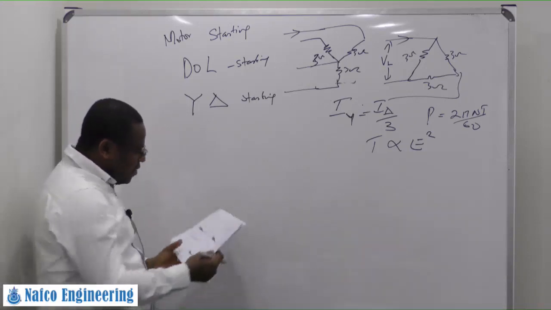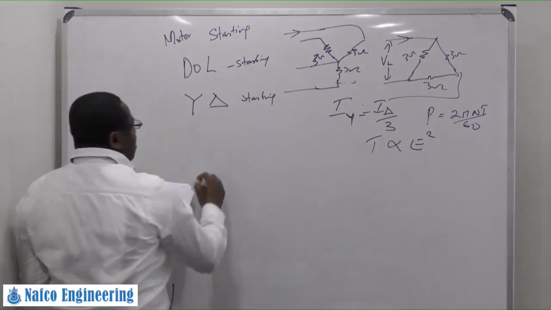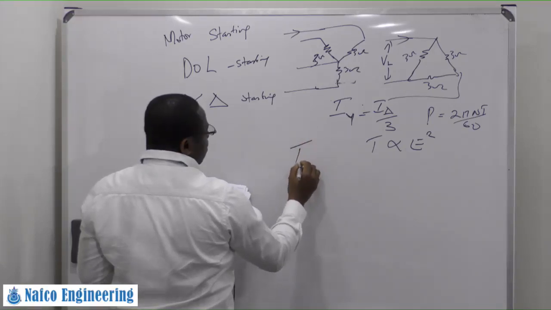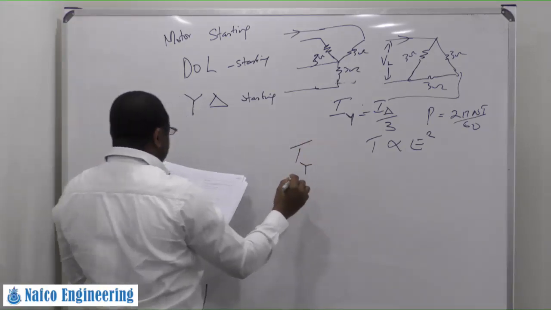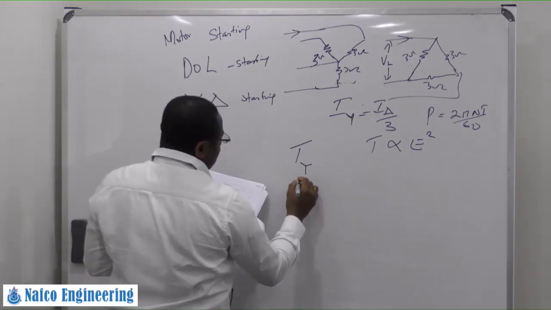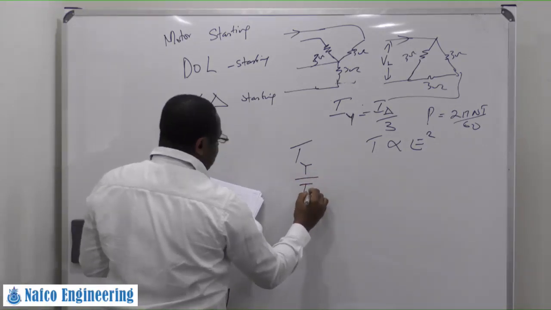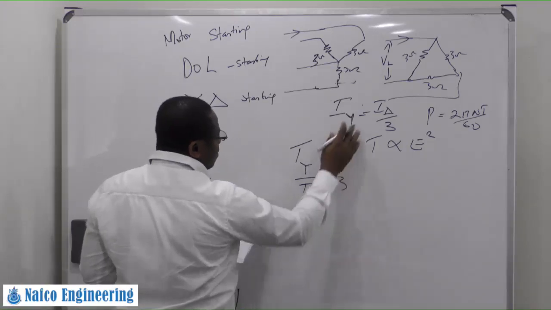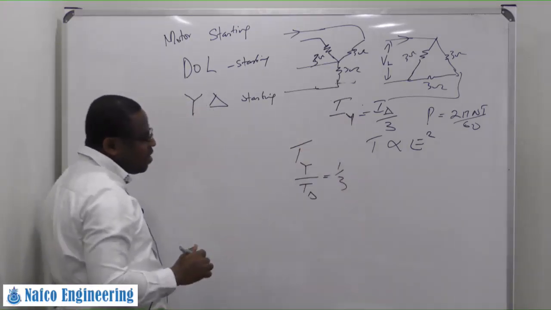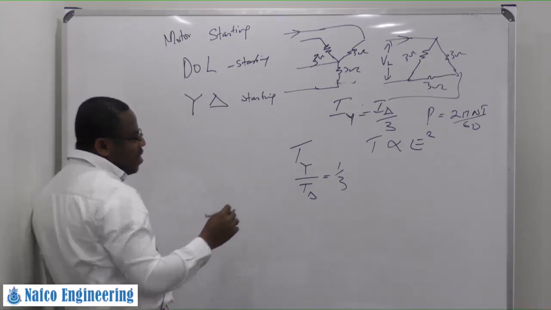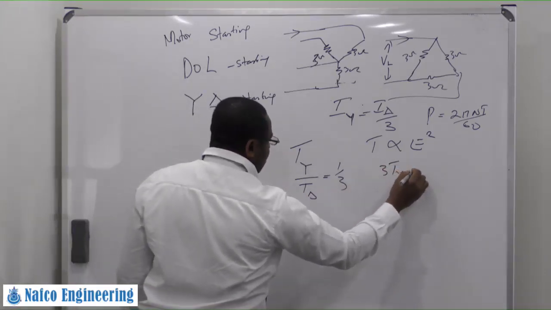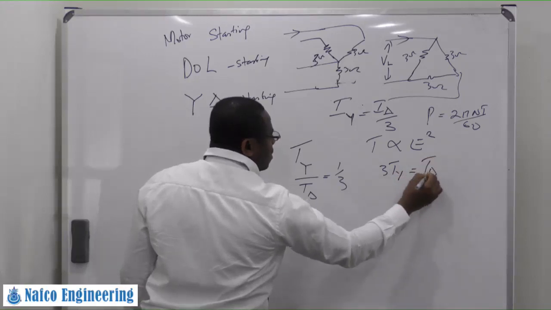So in other words, we can have that the torque on star over torque on delta is 1/3, just the same thing as with the current. So in other words, the torque on delta is 3 times the torque on star.